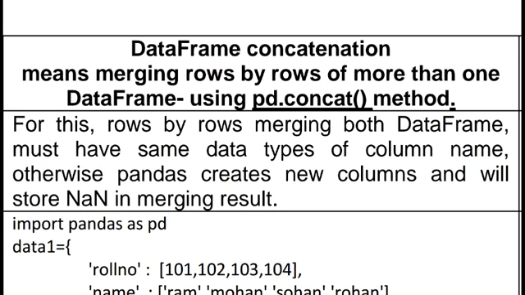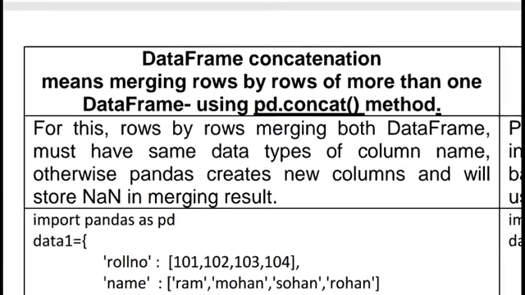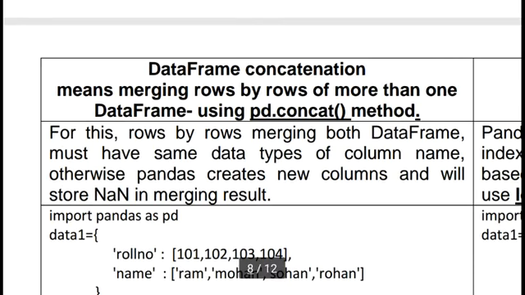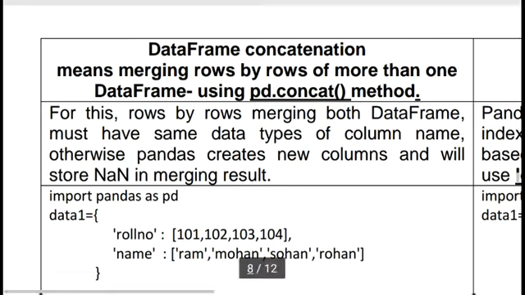Here I am using the pd.concat method. Last time I used the pd.merge method, but here I am using two or more data frames and row by row joining. For this row by row merging, both data frames must have the same column names. Otherwise pandas creates a new column and will store NaN in the merging result.